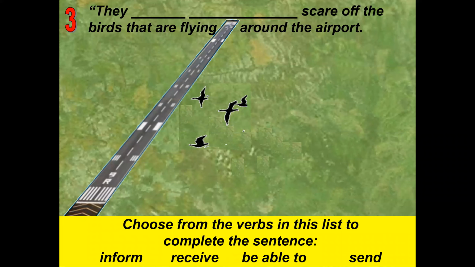They haven't been able to scare off the birds. They haven't, and they're flying around the airport. To be able to is the infinitive, and haven't been able to is the conditional. They haven't been able to.